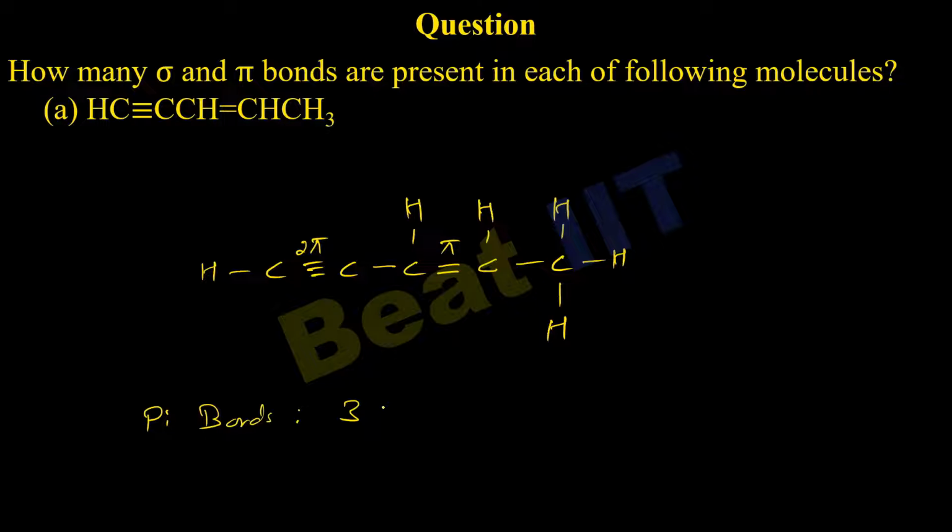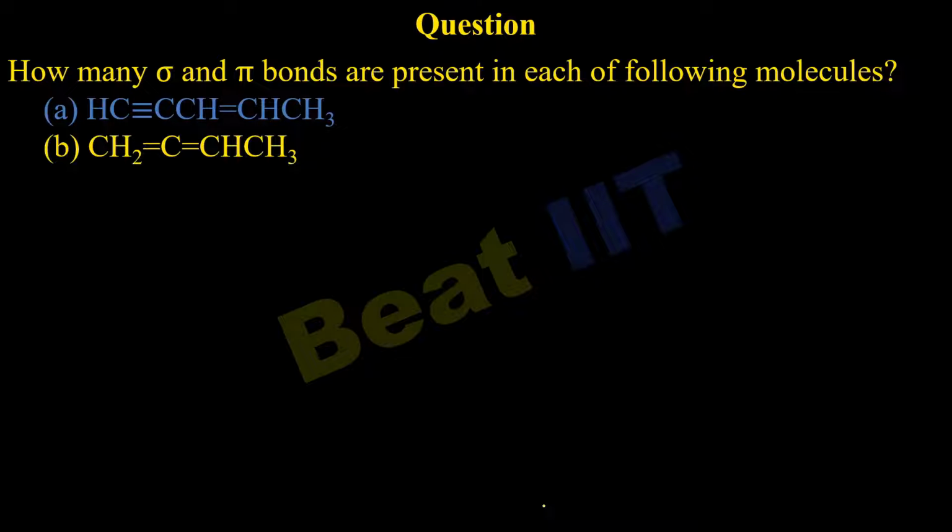Now these can, however, be segregated between the triple bond and the double bond. So out of these 3, the carbon triple bond carbon has 2 pi bonds and the carbon double bond carbon has 1 pi bond.